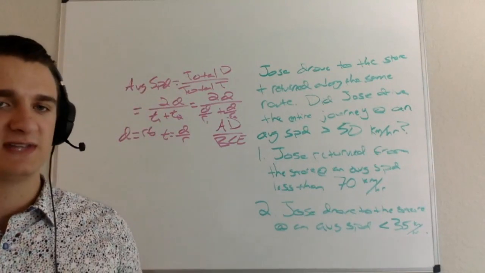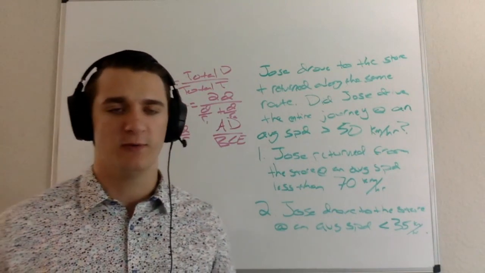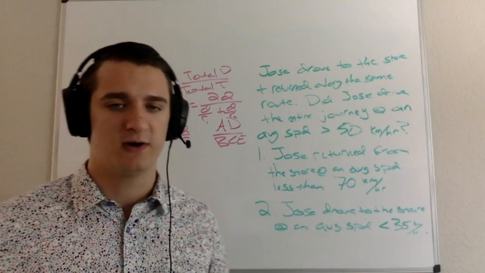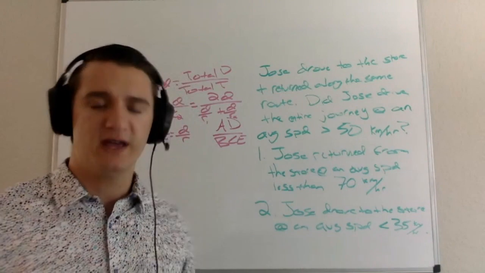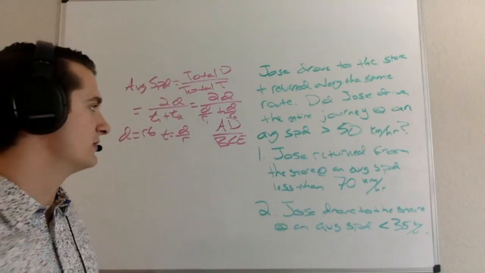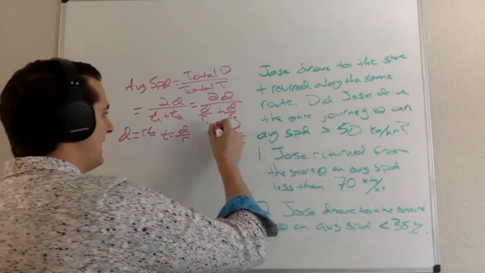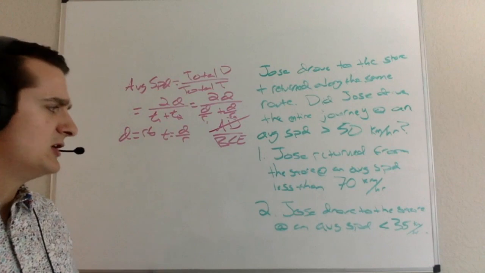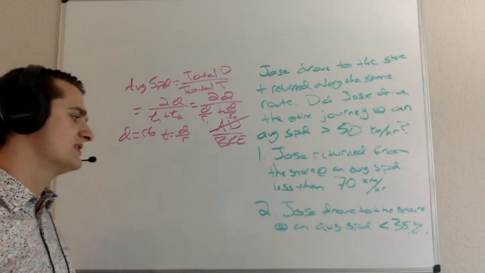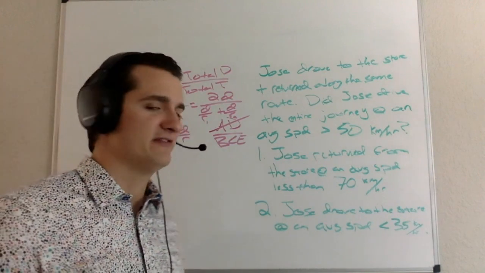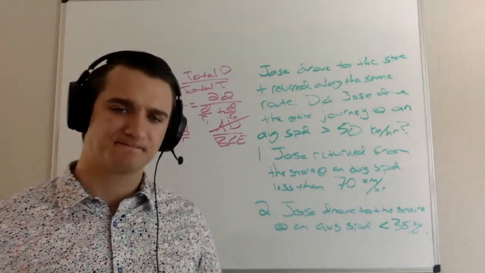He could have driven 65 kilometers per hour both ways, or he could have driven 2 kilometers per hour both ways. So it could easily be above or below 50 kilometers per hour. So I'm able to eliminate AD pretty swiftly here. Statement 2 tells me that Jose drove to the store at an average speed of less than 35 kilometers per hour.